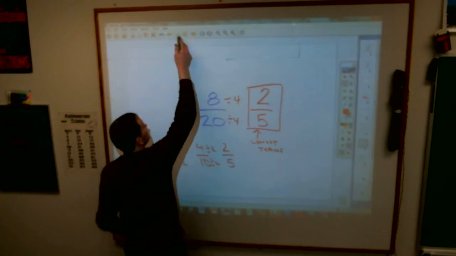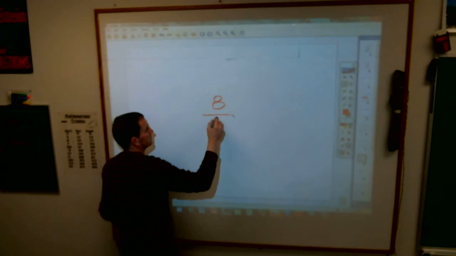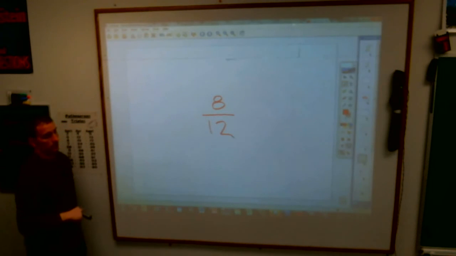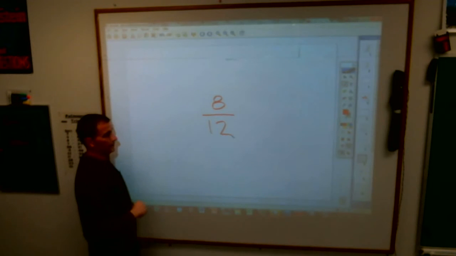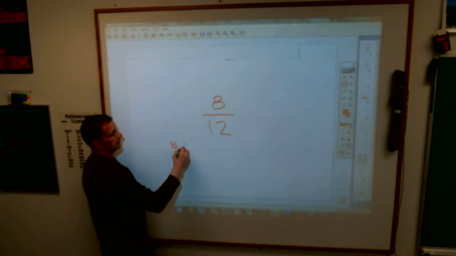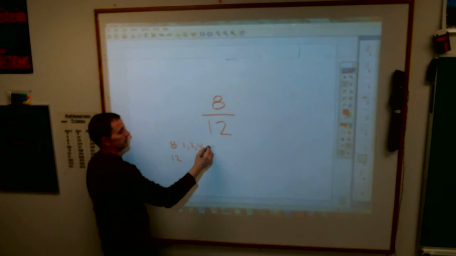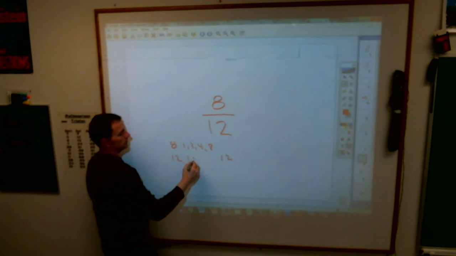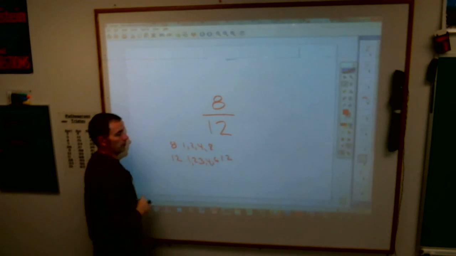For example, 8/12. What is the greatest common factor of 8 and 12? Well, you do the same thing. Factors of 8 are 1, 2, 4, and 8. We already know that. Factors of 12 are 1 and 12, 2 and 6, 3 and 4.